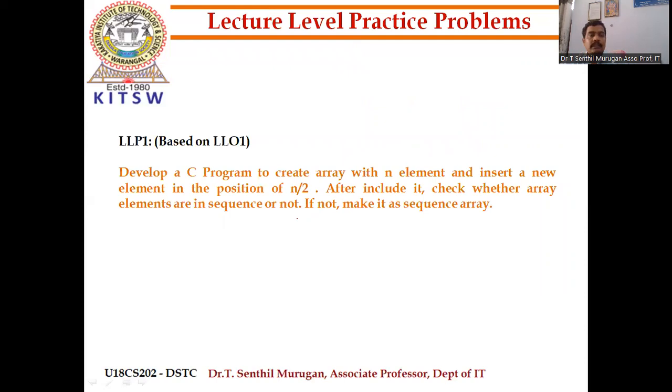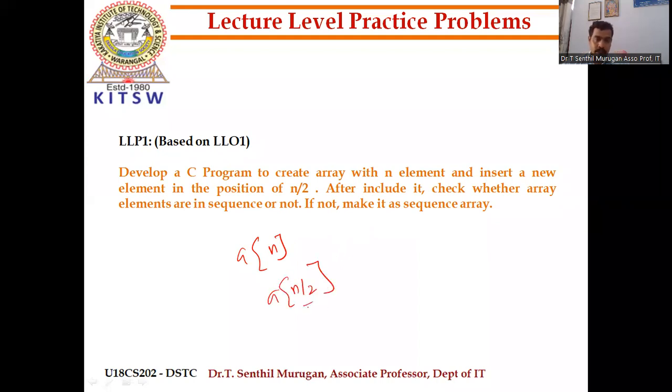So now this is the time for lecture level problems. Develop a C program to create an array with n elements and insert a new element at the position n by 2. After inserting it, check whether the array elements are in sequence or not. If not, make it a sequence. Okay. So you will declare array a of n, then you have to insert a value at n by 2.